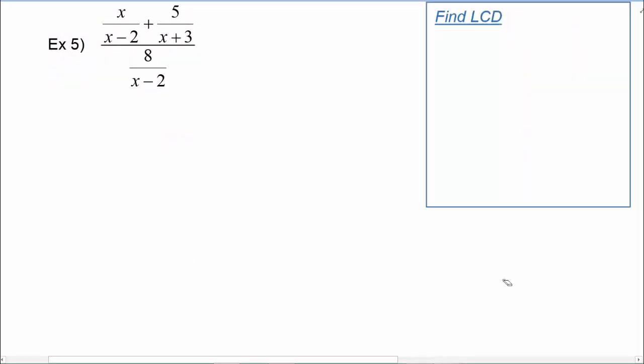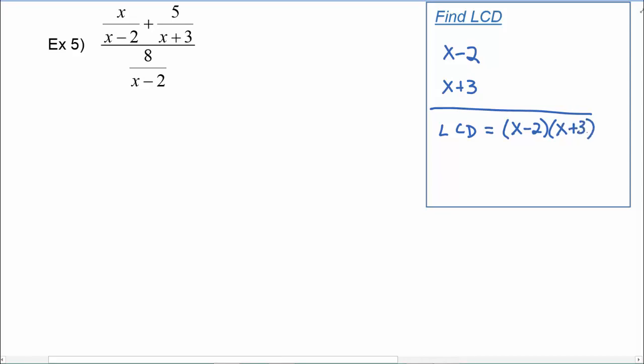In example 5, we see our denominators are x minus 2 and x plus 3, and down here it's just another x minus 2. So then our LCD will be the product of those two denominators, x minus 2 times x plus 3.